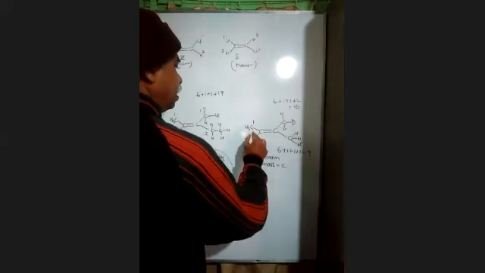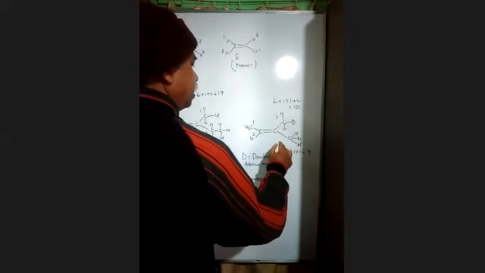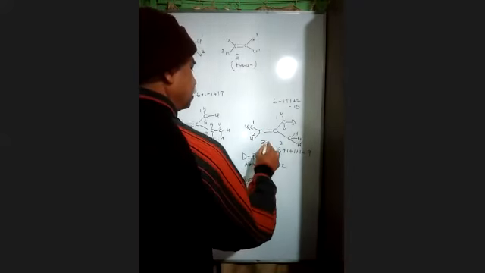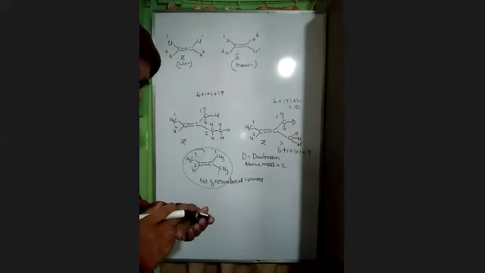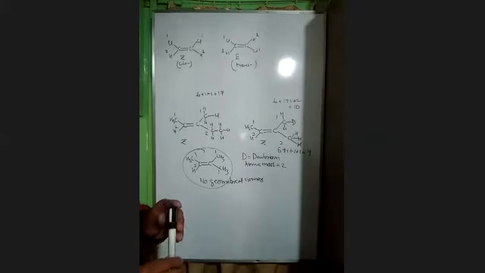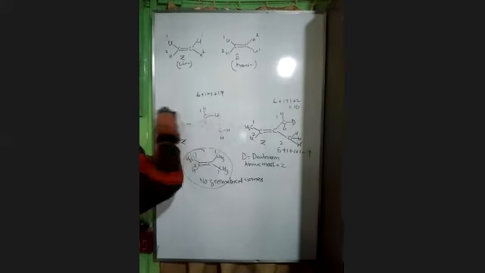So it is 1, 2, 1, 2. So this is the isomer. These are simple. In case of isotopes, we do not consider their atomic numbers because isotopes have the same atomic number, but their atomic masses are different. Please remember.